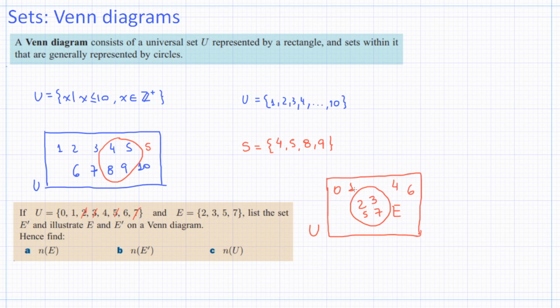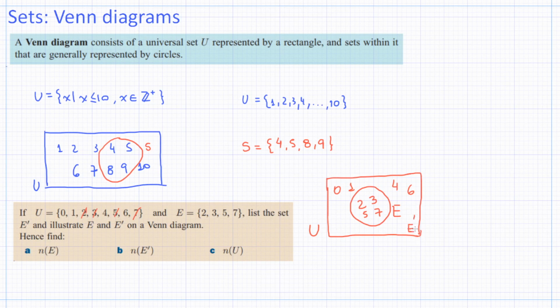Do I have to worry where they are? No, because if you think about it, a 0 here or here, it doesn't matter. Now, this inside would be my set E, and those which are in the universal set but not inside of set E, they would be our complement of E.